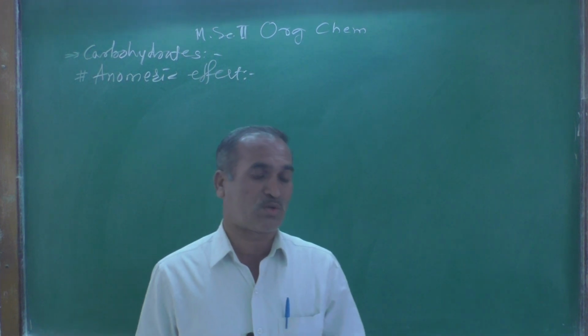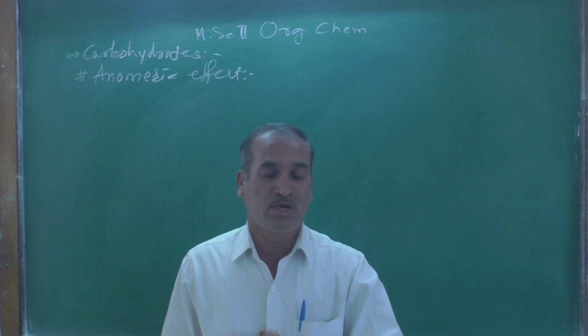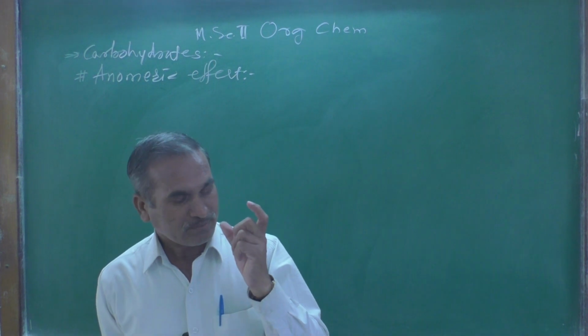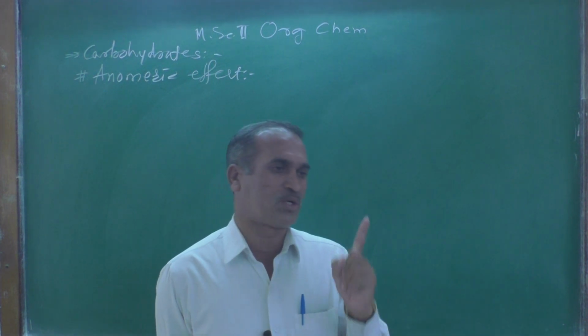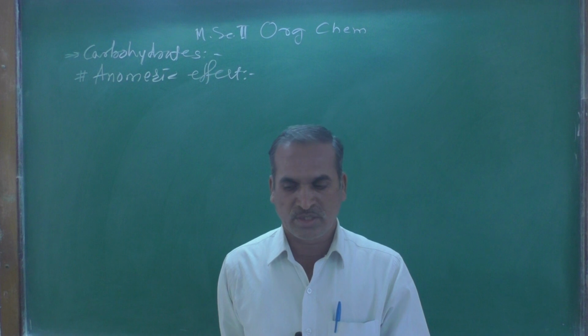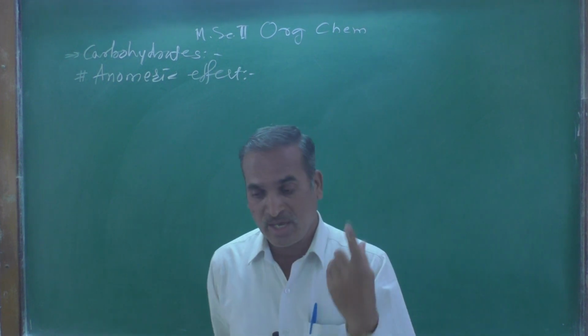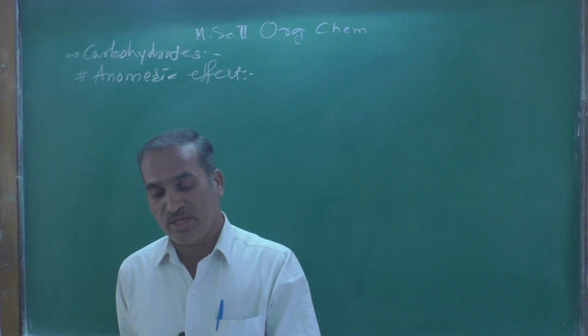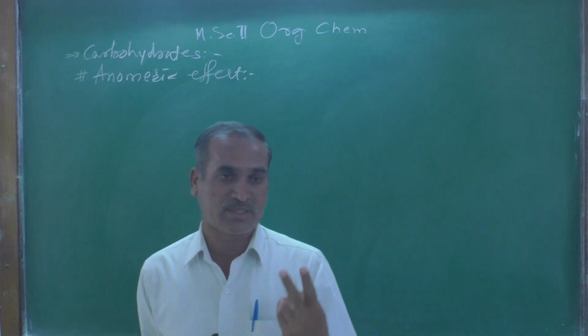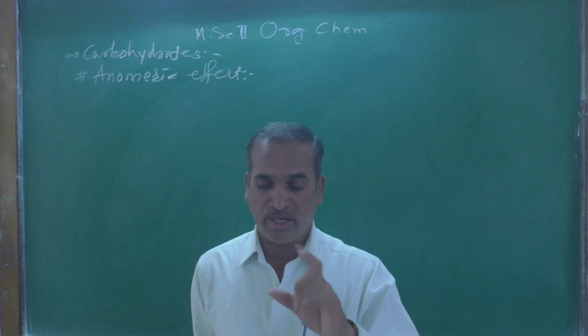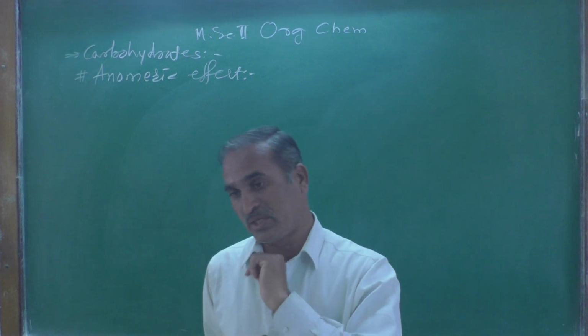And due to that, what is happening? When the ring structure of glucose shows the anomeric carbon atom, there are two forms of the compound, the alpha form and the beta form.